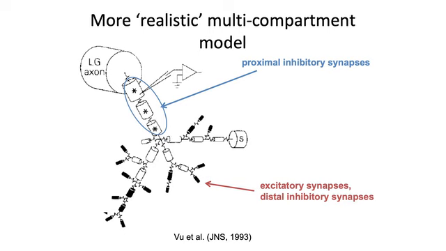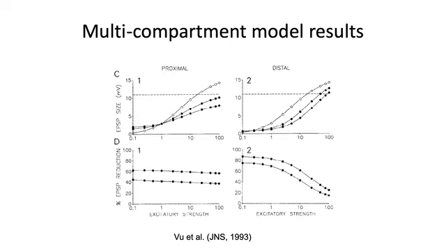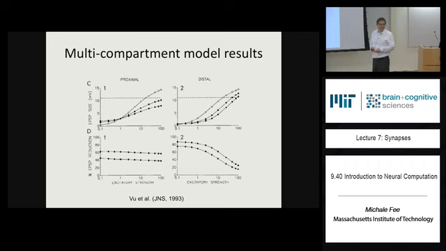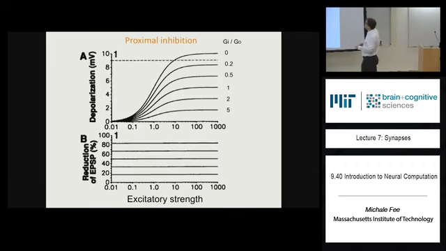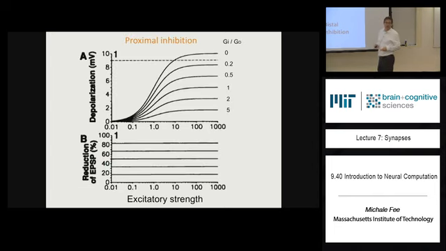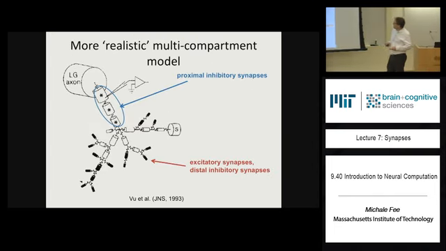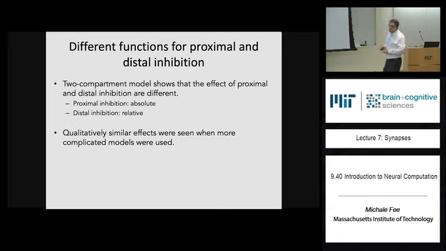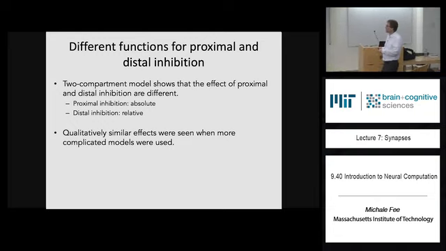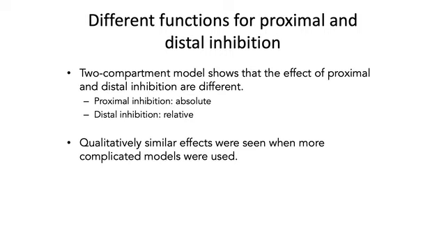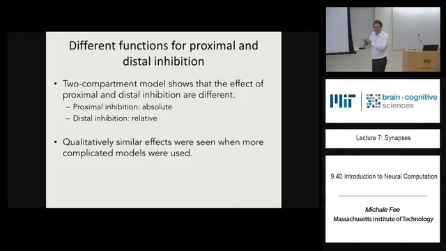You can also do that analysis in a much more complicated model and get exactly the same results. But what's really cool is that you can understand this just from this very simple two-compartment model. I wish I had a little more time to go through those models and explain why that works. But basically, proximal inhibition is absolute. You can always make the inhibition win. Distal inhibition gently varies the effect of the excitatory input.